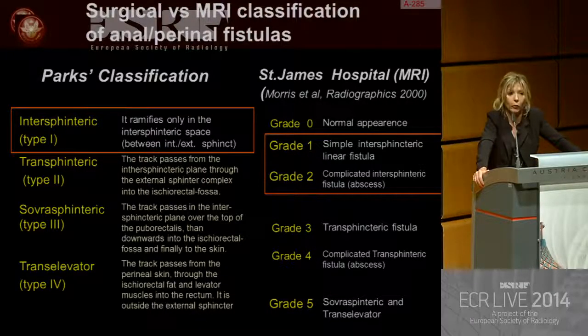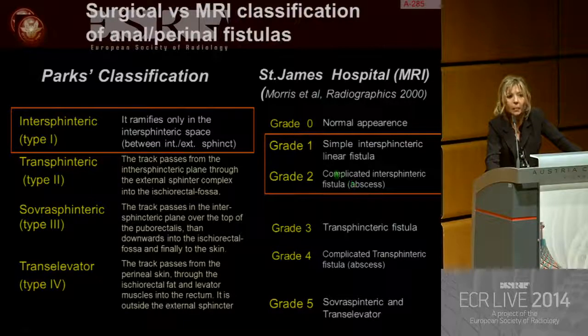And this Parks classification has been very nicely related to the MRI-based classification, which has been developed at St. James's Hospital, which is almost overlapping, but it just divided the first two types into two subgrades, if you want. In fact, the intrasphincteric type 1 is divided into grade 1 and 2, and grade 2 is associated with the presence of an abscess.